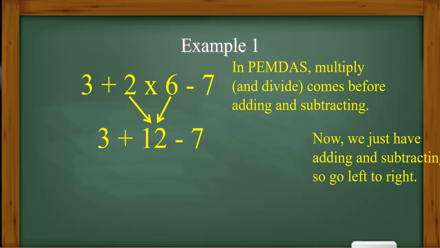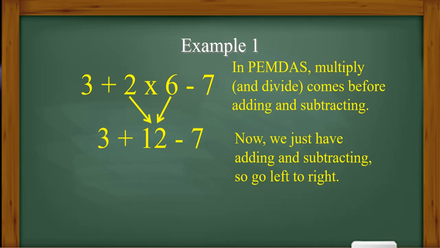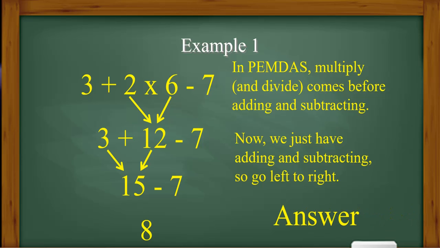So we add first 3 plus 12. 3 plus 12 is equal to 15. Then we bring down 7. Now we can subtract 7 from 15. So 15 minus 7 is equal to 8. So our answer will be 8.